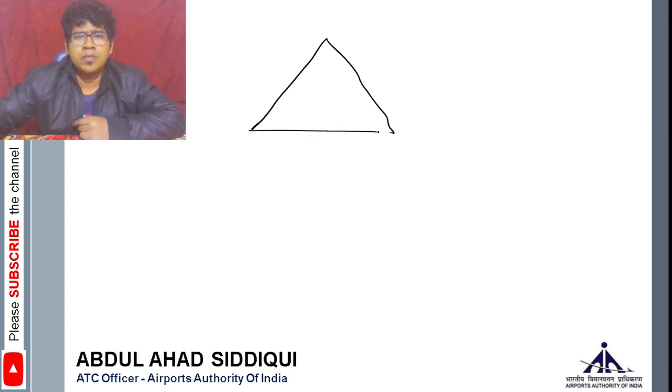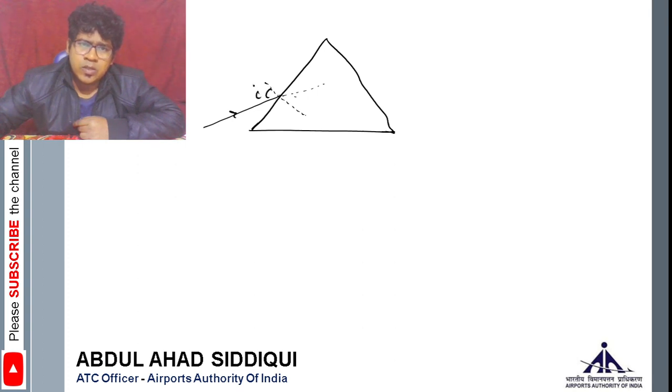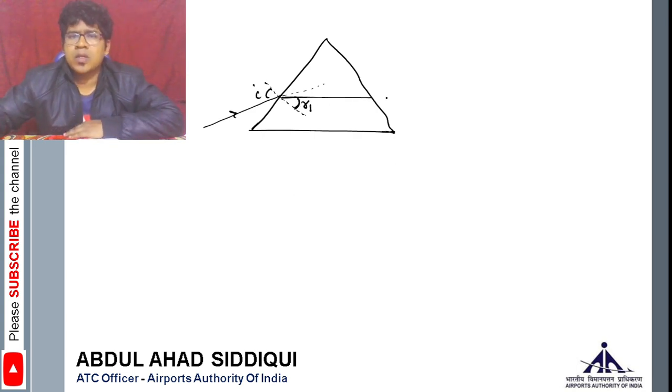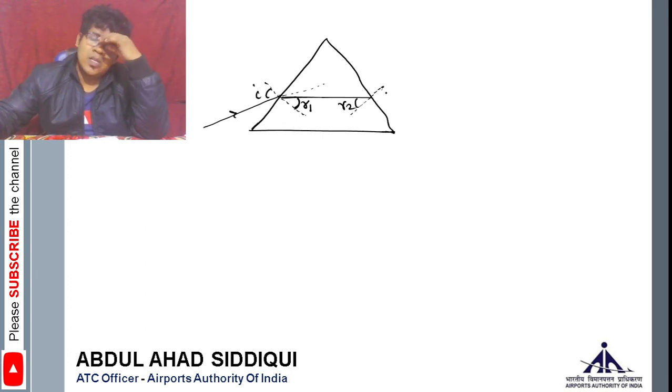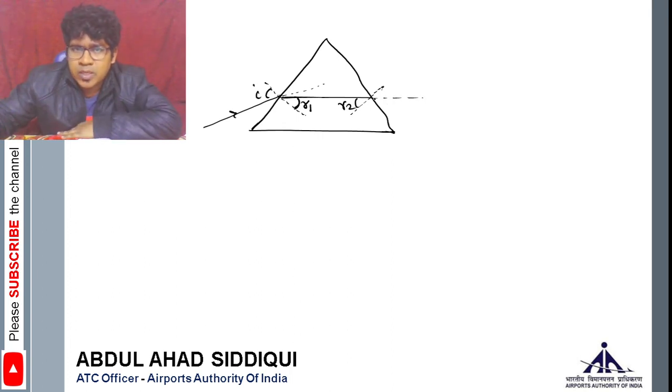Let's say this is your incident ray. This is your normal. This should be the ideal path, but this is the angle of incidence. The light is going this way. So this will be your angle of refraction. Now this is making an angle of incidence. Let's say this is R2. R2 is the angle of incidence at the second surface. So it should go this way, but it will go this way, and this will be your angle of emergent.